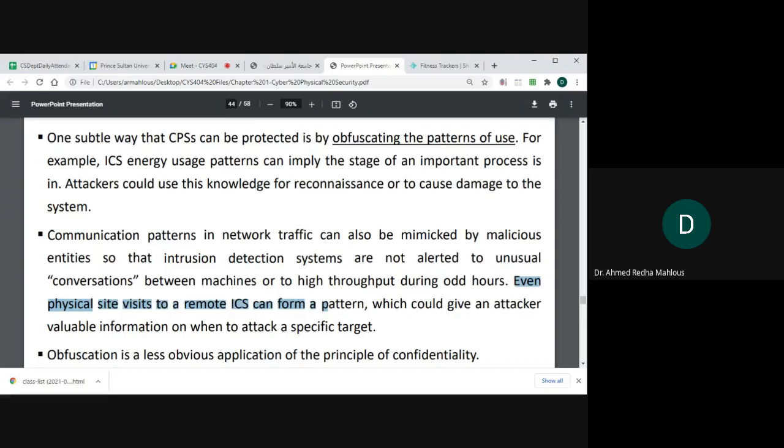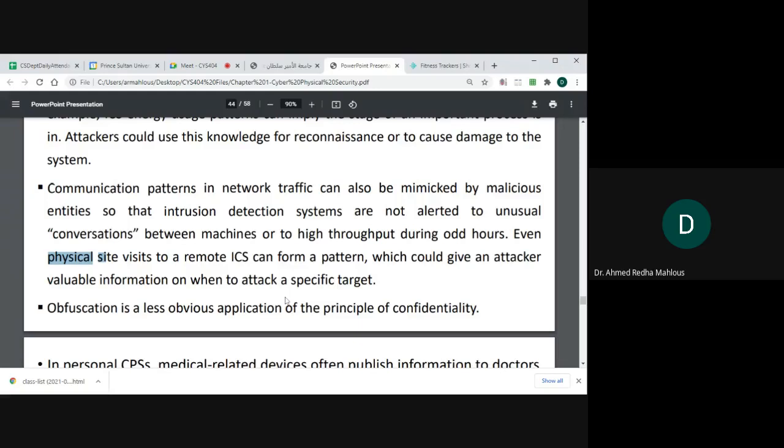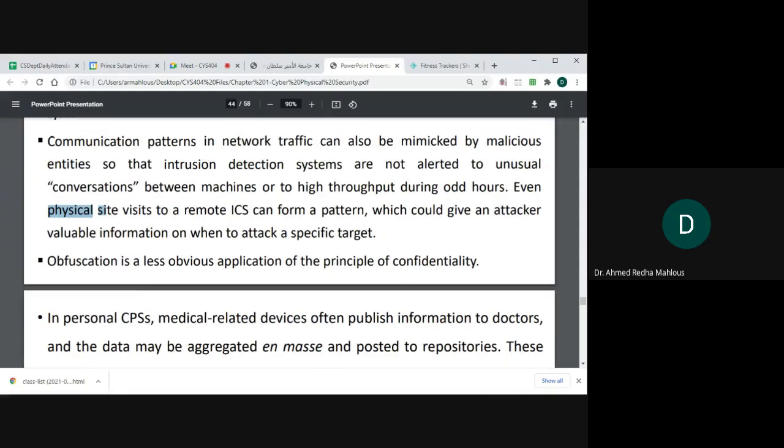This week we do it on Thursday, another week on Monday; we change the time, we change the employee who is inspecting that machine, and so on. Even the physical visit to the site can be considered a pattern, and you are giving the attacker information about how or when to attack that specific target. And we said that authentication is the least used application for the principle of confidentiality.